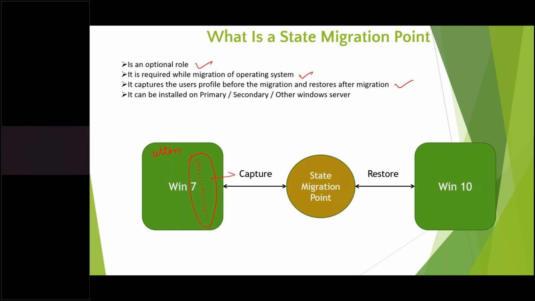We will capture this data and save it on the state migration point, and then we can restore this data here on a different operating system. So whatever data he had here will get migrated here, all the data, right? So it captures the user profile before the migration and restores it after the migration, right? And then you can install this role on primary, secondary, or any other Windows server.